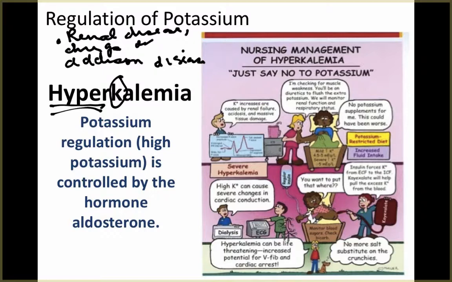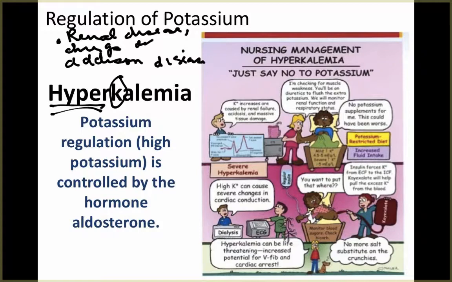Severe hyperkalemia can cause severe changes in cardiac conductance. It can be life-threatening. It can potentially cause a cardiac arrest, right? And so you want to make sure that you are being smart, or if you have this problem that you're keeping it in check, because it can kill you.